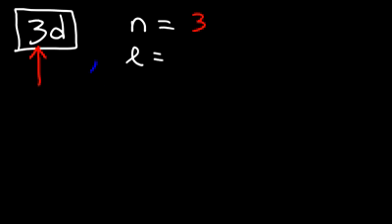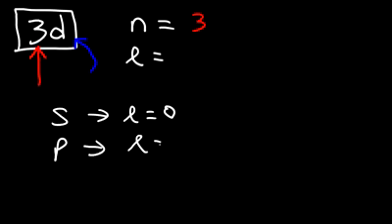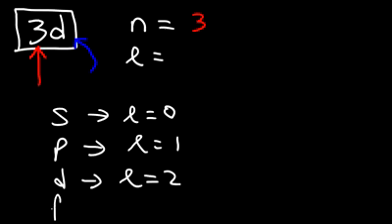Now for the D sublevel, L is what value? So if you recall, for the S sublevel, L is always 0. For the P sublevel, L is 1. For the D sublevel, L is 2. And for the F sublevel, L is always 3. So for the 3d sublevel, n is 3 and L is going to be 2.